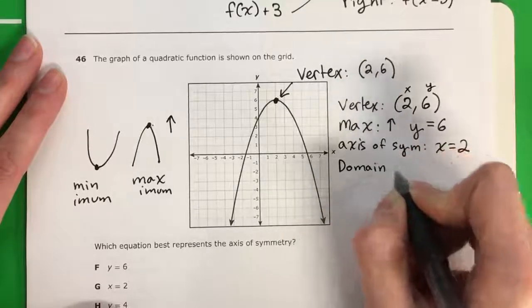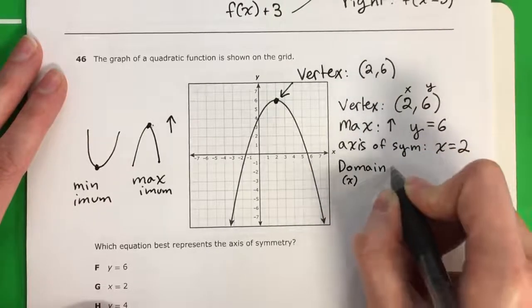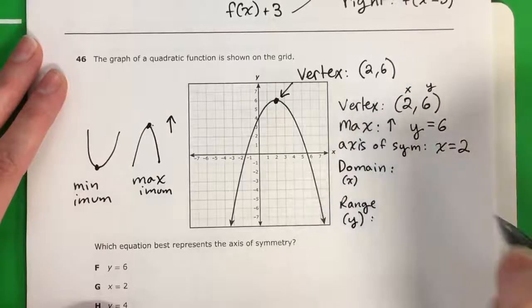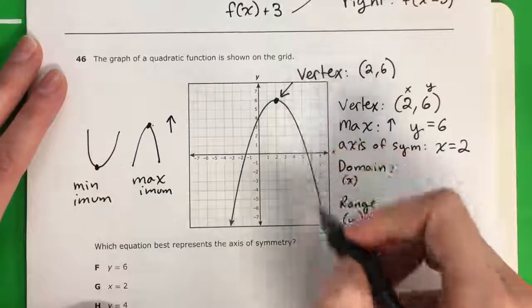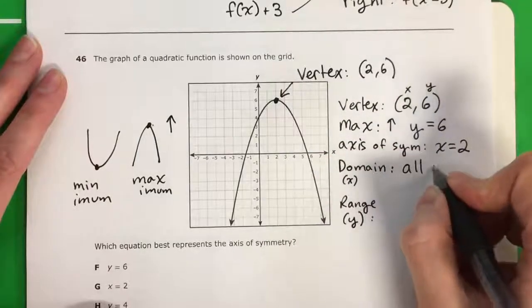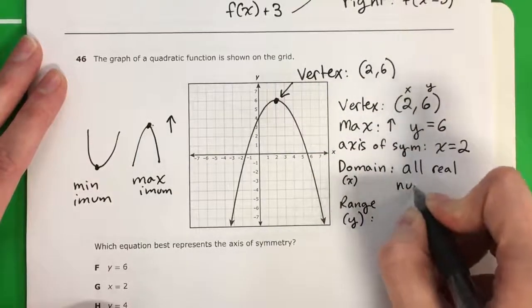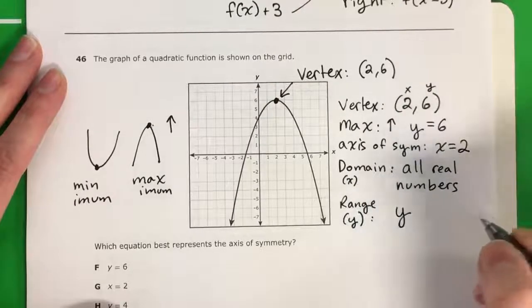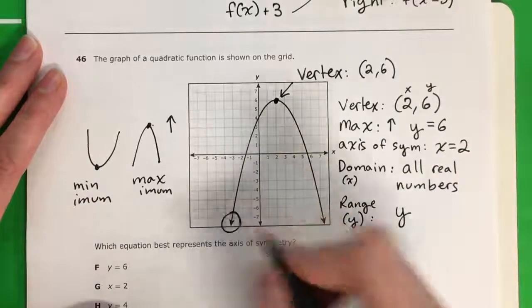Domain, remember domain is the x. And then we have the range, which is the y. Domain is always for parabolas all real numbers. The range is y, so you're going to write y. You're going to look at the arrows.